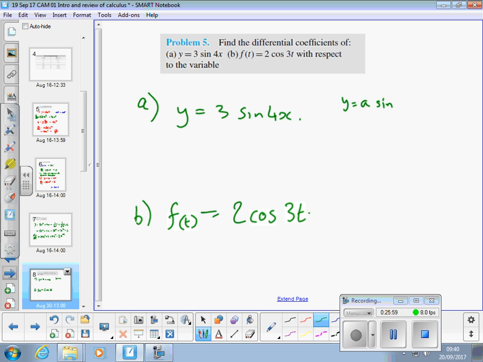Sine ax, sorry. dy by dx equals a cos ax.